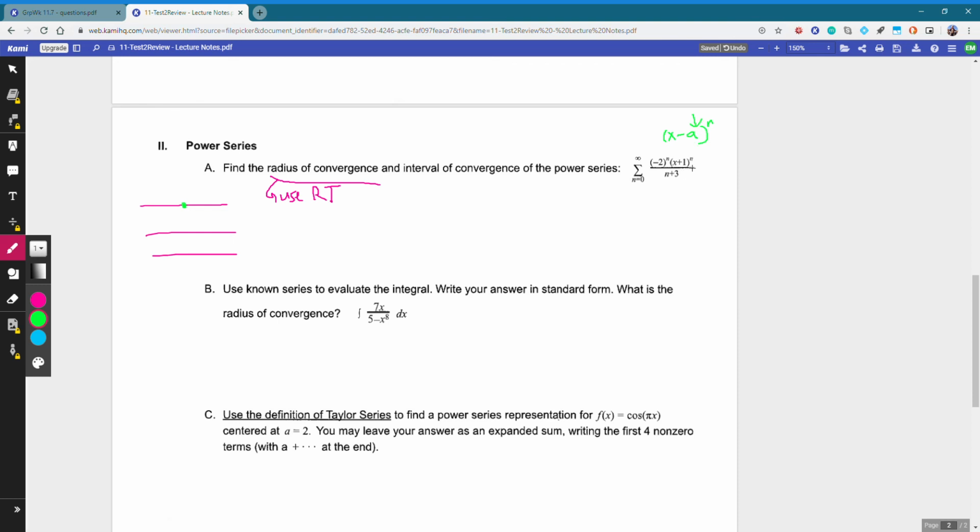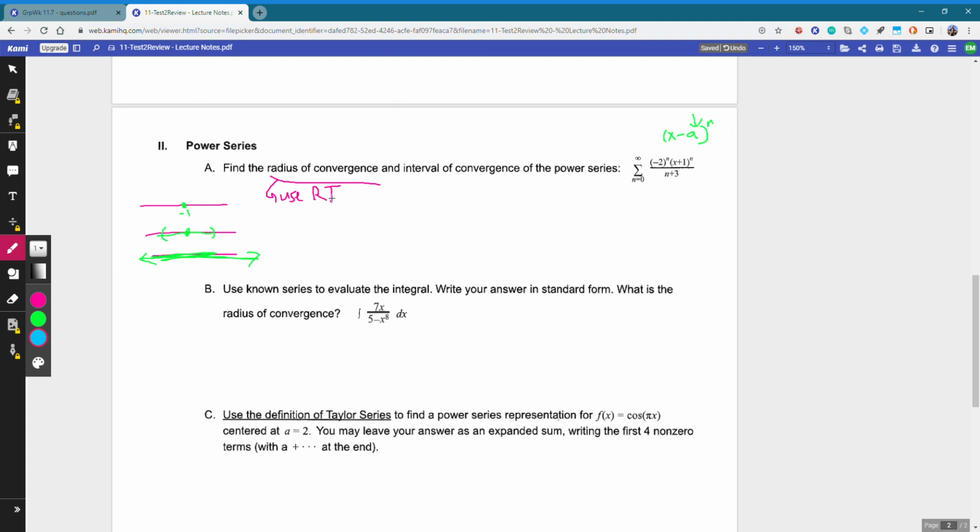Here we have x plus 1, which we can think of as x minus -1, and so here our center would be -1. So this thing's either going to only converge there, or it's going to converge on some finite symmetric interval around -1, or it's just going to converge everywhere. All right, those are our 3 possibilities from our radius of convergence test.